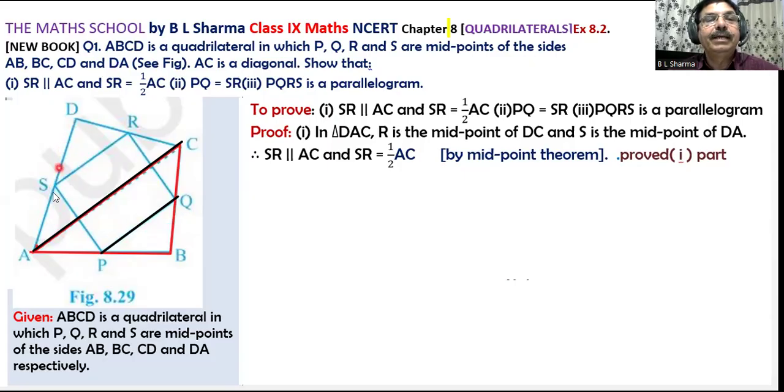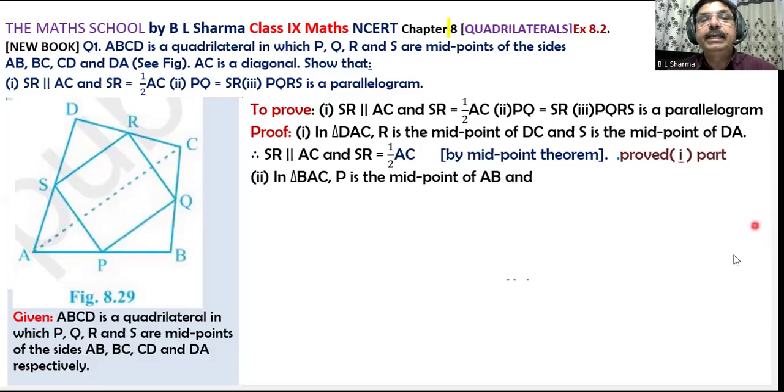Just like in triangle DAC, S is midpoint of AD and R is midpoint of CD, so SR is equal to half of AC and parallel to AC. Similarly, in triangle ABC, PQ is half of AC and parallel to AC. In triangle BAC, P is midpoint of AB and Q is midpoint of BC. So PQ is parallel to AC and PQ is half of AC.